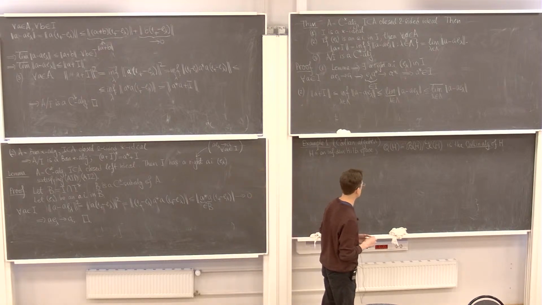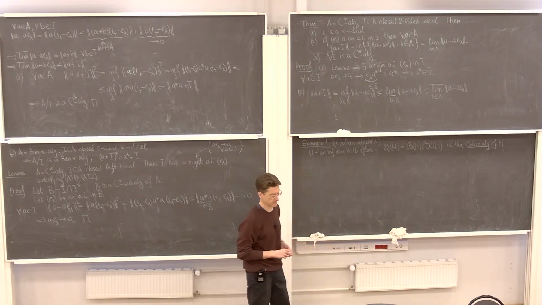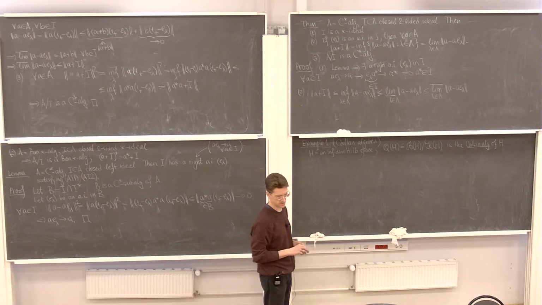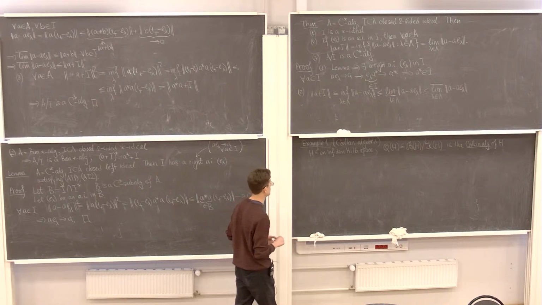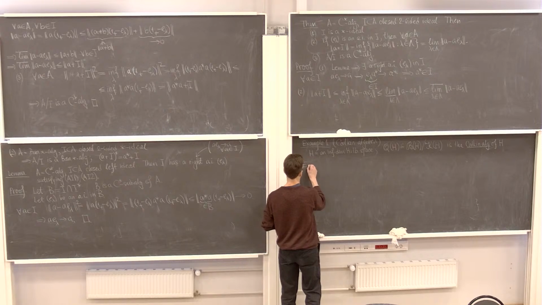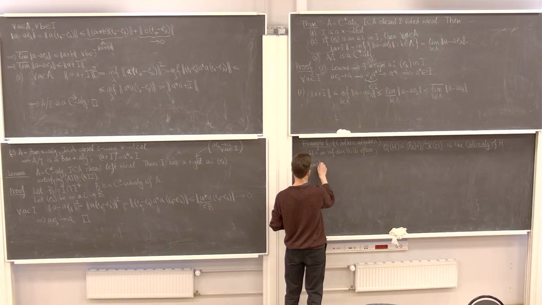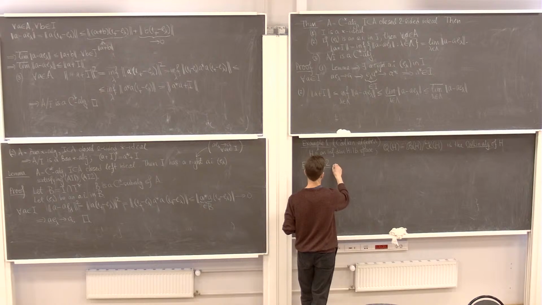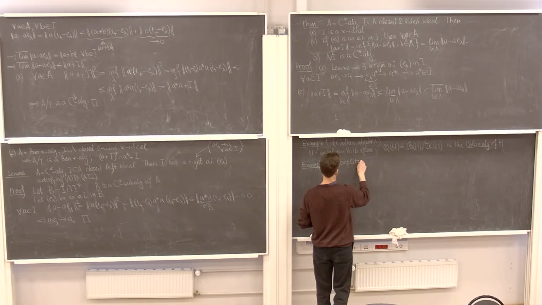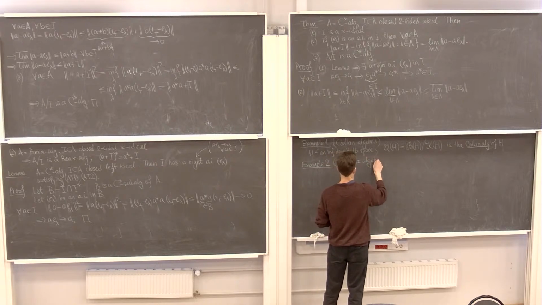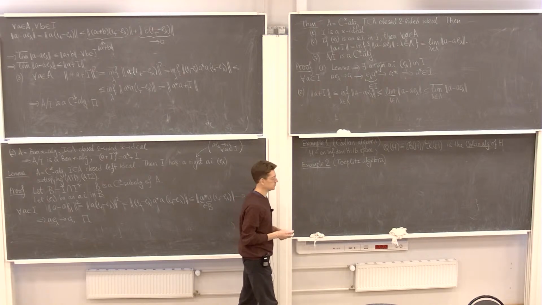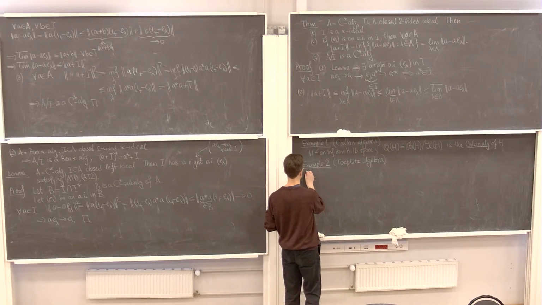This algebra plays an important role in the extension theory of C-star algebras, which is closely related to K-theory and to K-homology of C-star algebras. Another important example, example 2, is the Toeplitz algebra. So to define this algebra, we take, again, a Hilbert space.